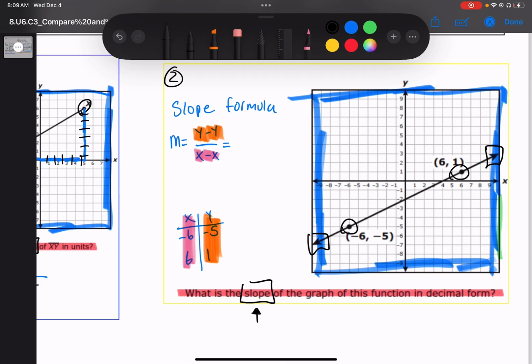All right, let's plug those numbers in. So now I'm going to have -5 minus 1, -6 minus 6. Now, all of this, todo esto, así como lo ves, just like that, type it into the calculator. I'm typing it in right now.